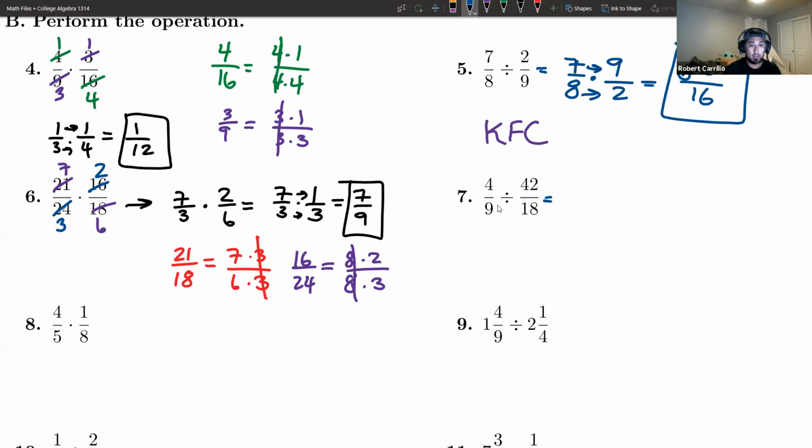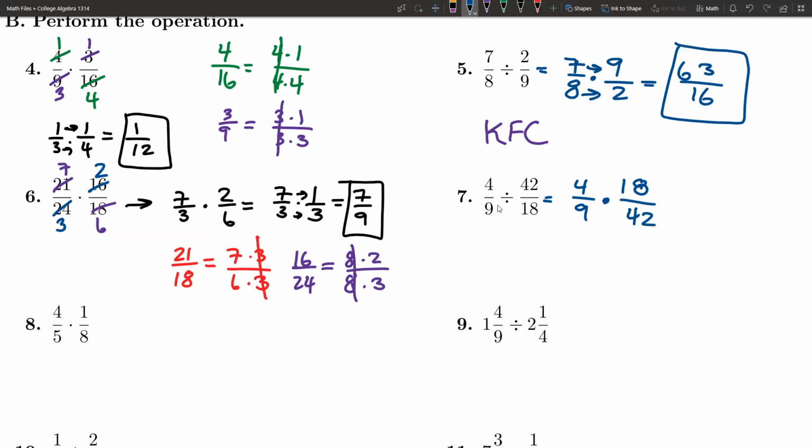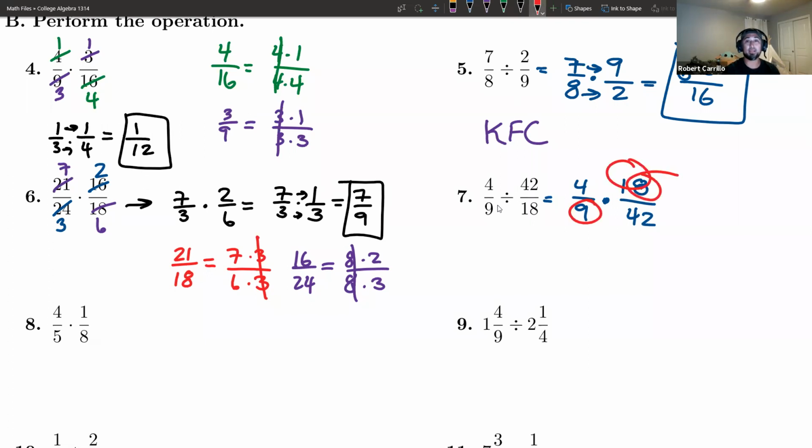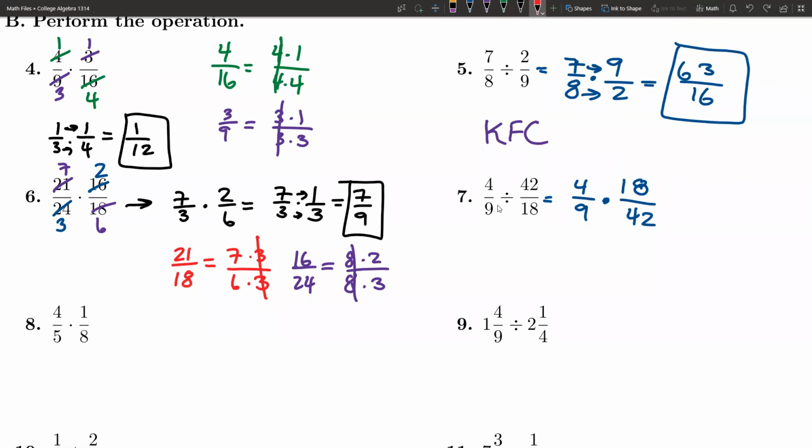This will stay 4/9, and division becomes multiplication, and you get 18 over 42. Now let's see if we can cross cancel again. Look at 9 and 18. What's the biggest number they have in common? 9. Take a 9 out, you get 1. Take a 9 out of 18, you get 2.